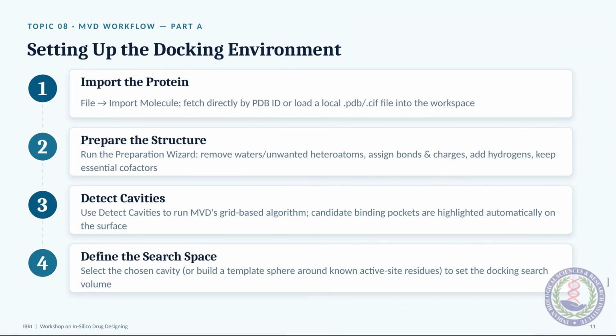Third, detect cavities. Run MVD's grid-based detect cavities algorithm, which automatically highlights candidate binding pockets on the surface. Fourth, define the search space by selecting the chosen cavity, or building a template sphere around known active site residues, to set the docking search volume.